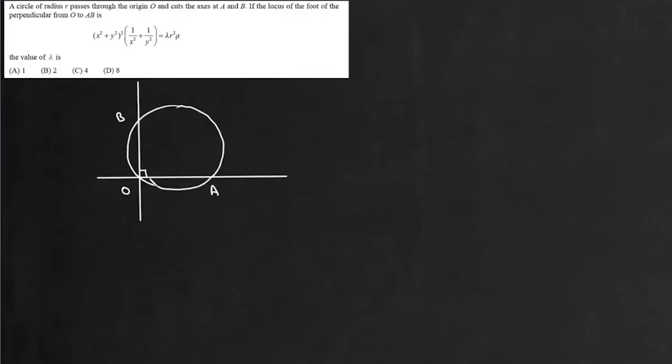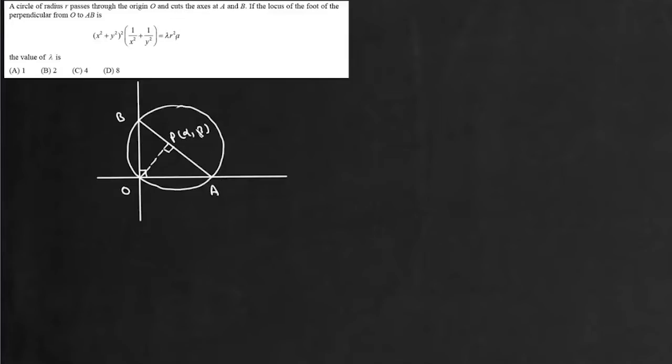Now it says, if the locus of foot of perpendicular from O to AB is this value, find the value of lambda. Now we'll join this AB and we have to find the locus of foot of perpendicular on this AB. So let it be this point P and let this point be alpha beta.